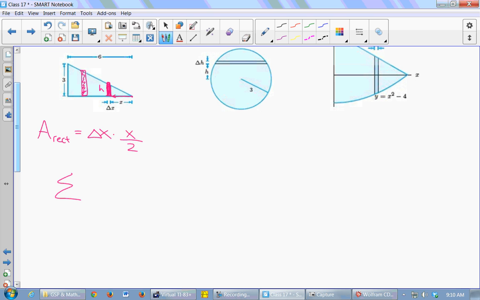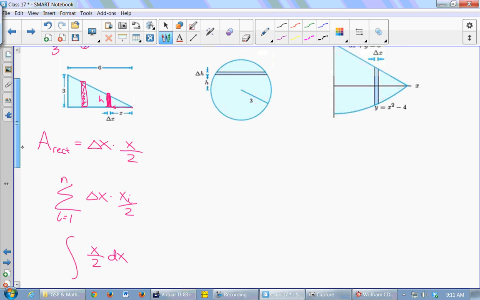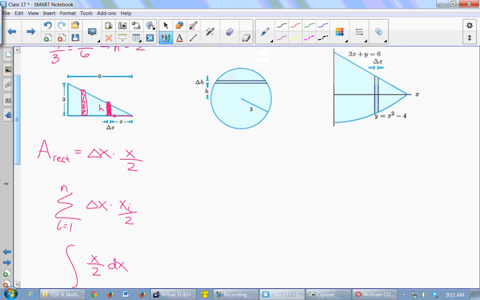Take a sum of delta x times x sub i over 2. So each of these are my x sub i's. And then I'm going to take a limit as n goes to infinity. So this is going to become an integral of x over 2 dx. The delta x becomes a dx. And then what should my bounds of integration be? x is going to go from where to where?